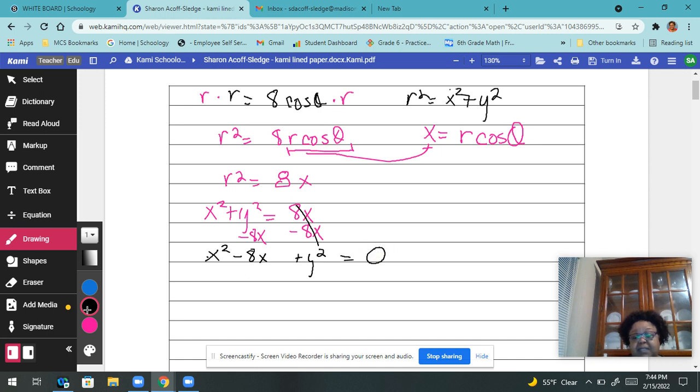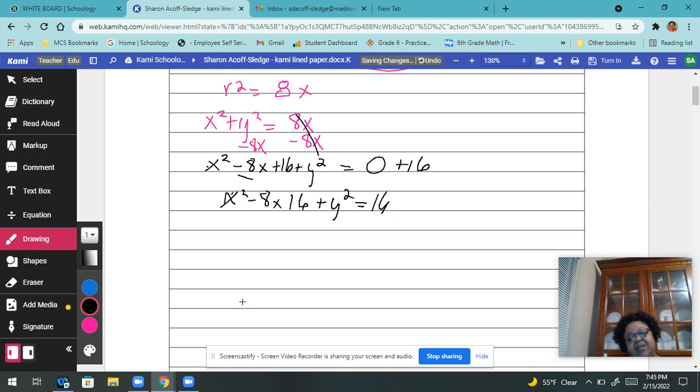And now we're going to complete the square. Remember, take half of this x term, which is minus 4, and square it. So that's going to be 16. And since I added 16 here, I've got to add 16 on this side. So I end up with x squared minus 8x plus 16 plus y squared equals 16.